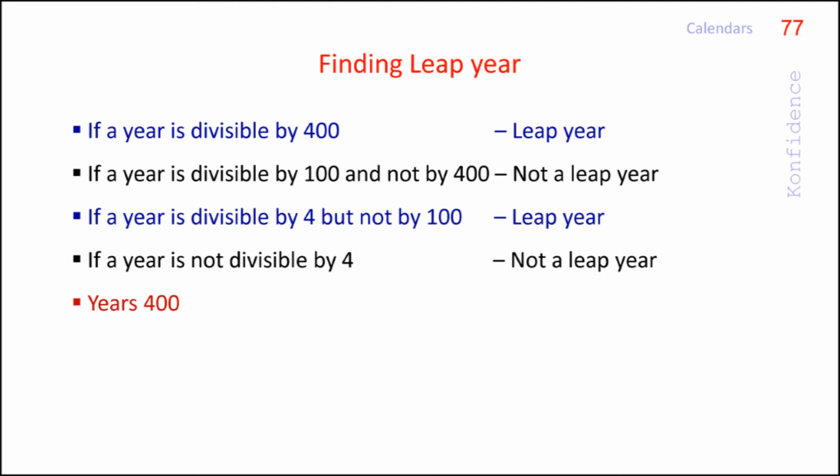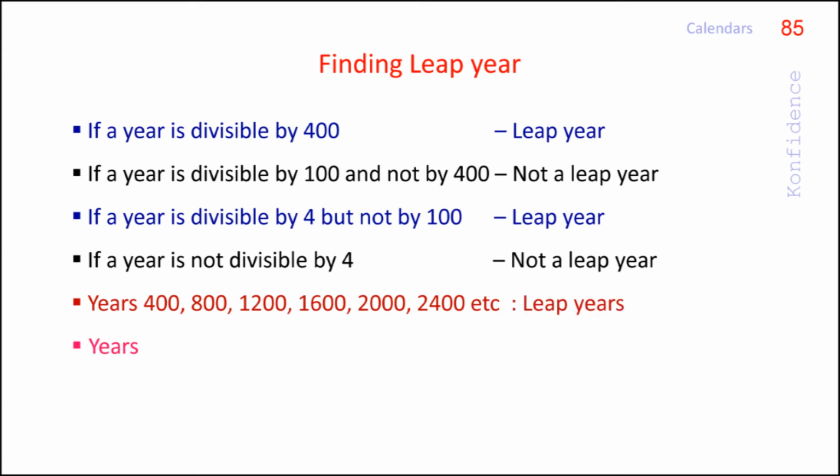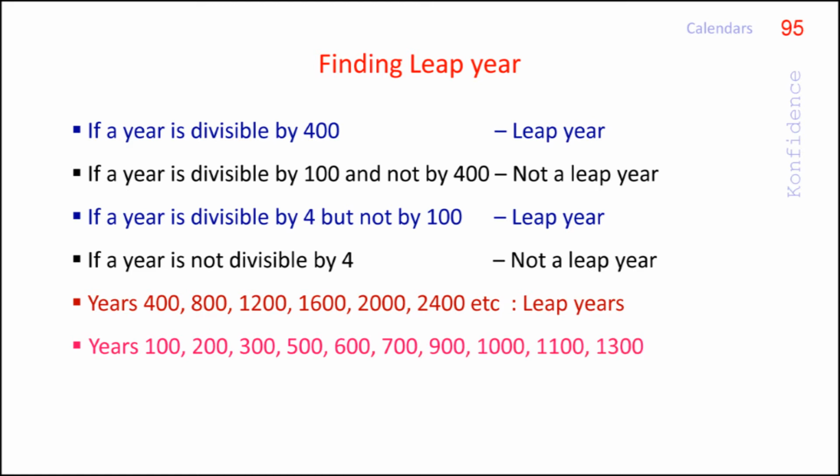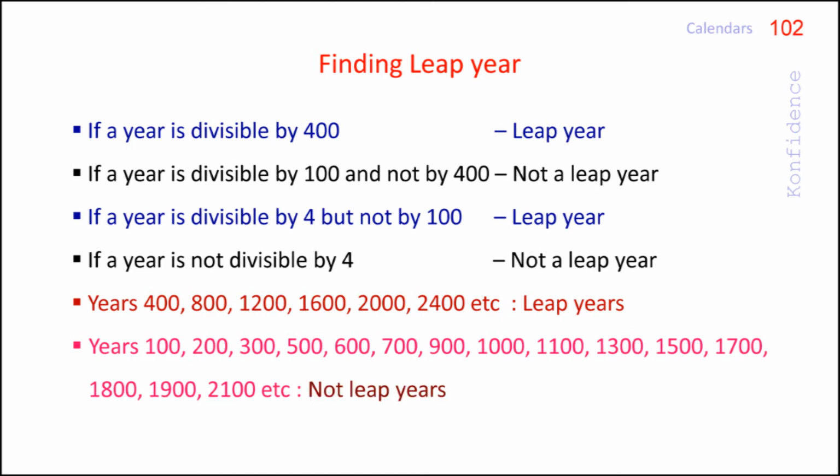Years 400, 800, 1200, 1600, 2000, 2400, etc. are leap years. Years 100, 200, 300, 500, 600, 700, 900, 1000, 1100, 1300, 1500, 1700, 1800, 1900, 2100, etc. are not leap years.